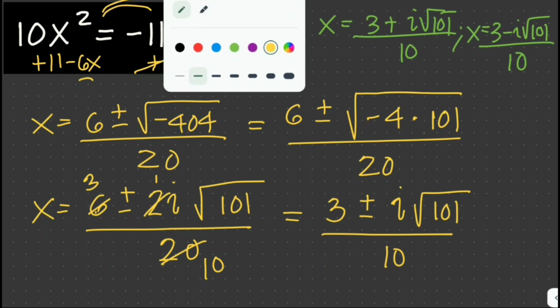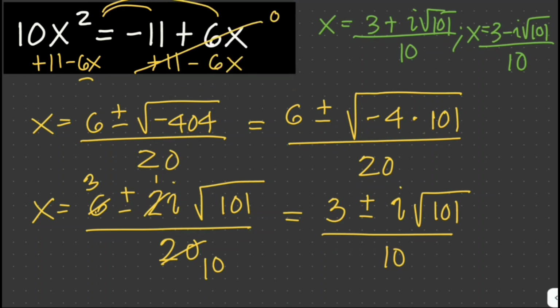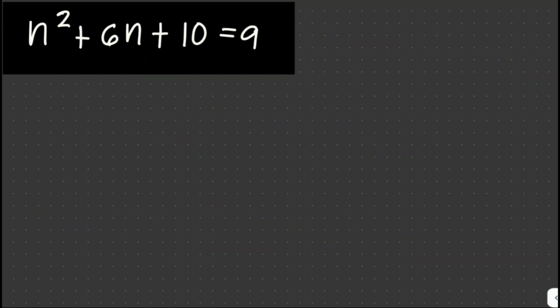Okay, let's solve another problem. We're given here n squared plus 6n plus 10 equals 9. To solve this, we need to move all of the terms to one side. So we can move 9 to the left. We just have to subtract 9 from both sides.